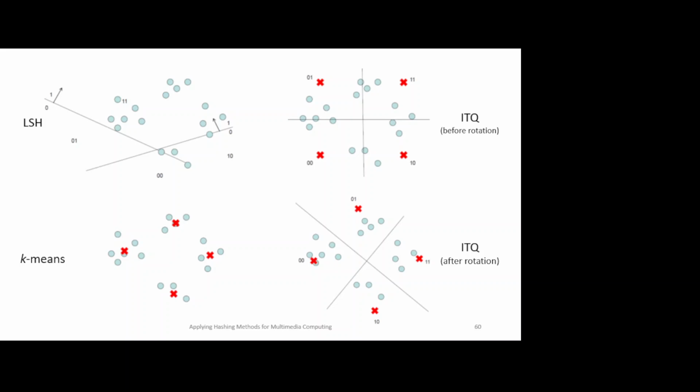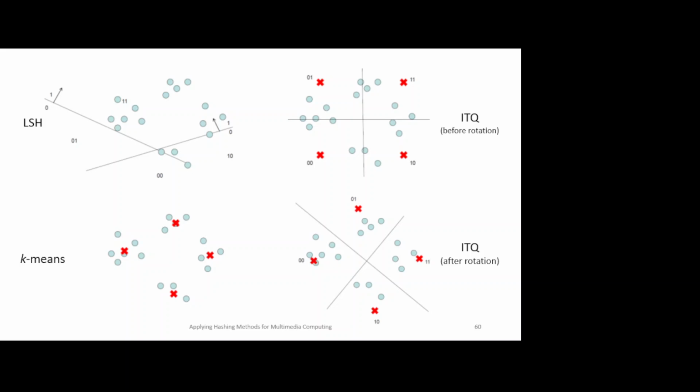Okay, now check the ITQ. Before we do the rotation, we divide the data according to the two eigenvectors and assign the hash codes.